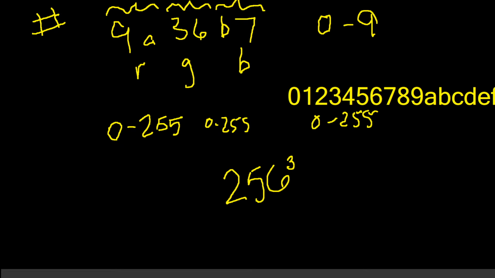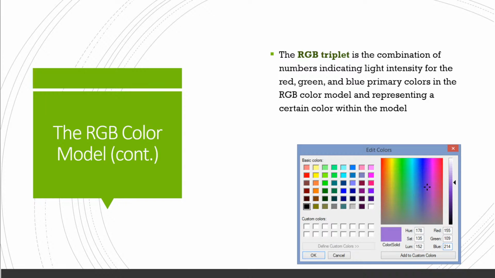So let's look at this number that we have. Let's look at this color that we have here: red 155, green 109, blue 214. And let's convert that to hexadecimal really quickly.